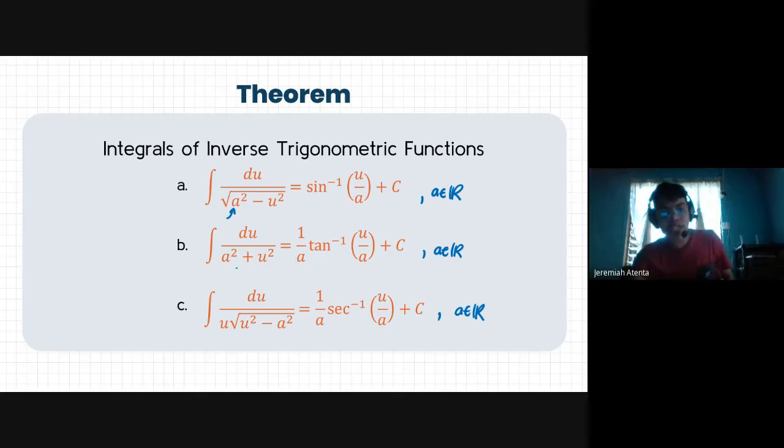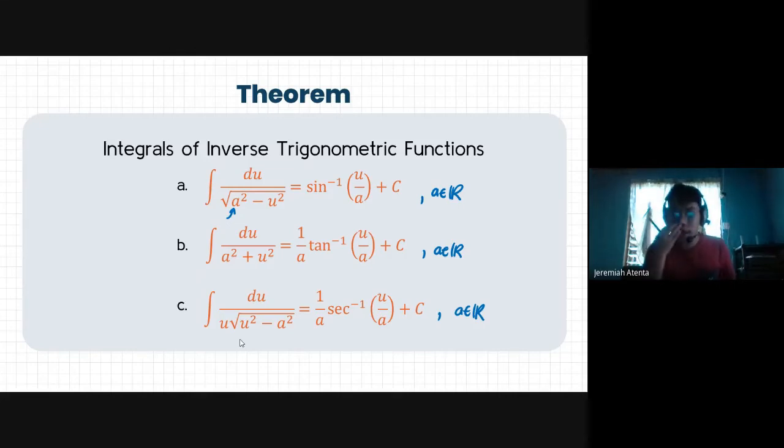The integral of du over a squared plus u squared is equal to 1 over a tangent inverse of u over a plus c. And for the last one, the integral of du over u times the square root of u squared minus a squared is equal to 1 over a secant inverse of u over a plus c.